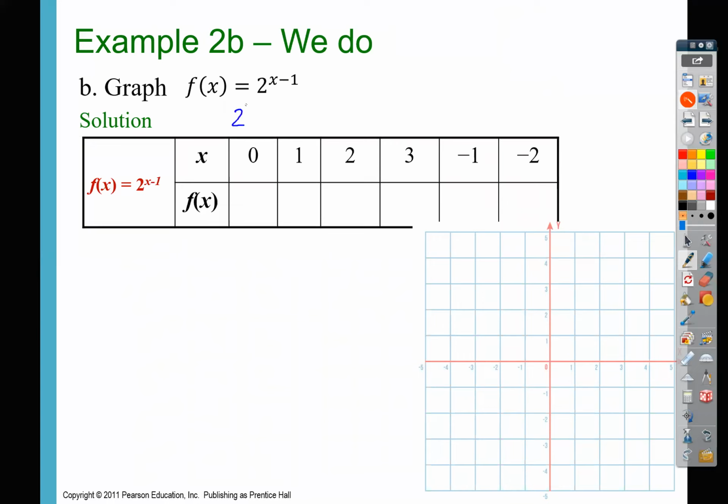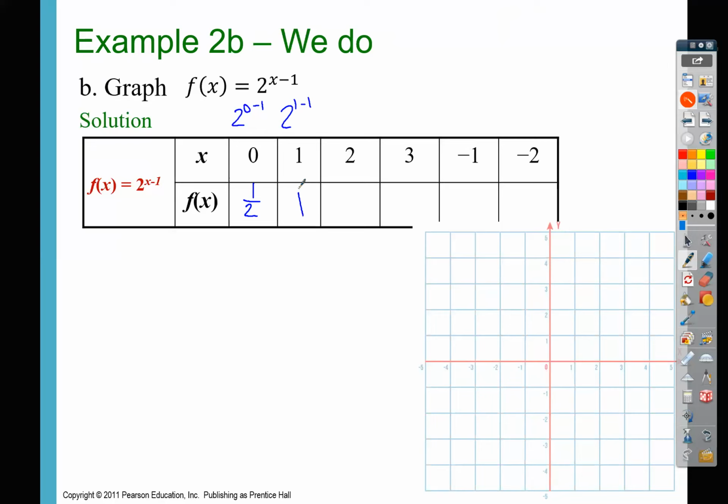So if we had 2 to the 0 minus 1, that would be 2 to the negative 1, which is 1/2. We had 2 to the 1 minus 1, that's 2 to the 0, and anything to the 0 power is 1.